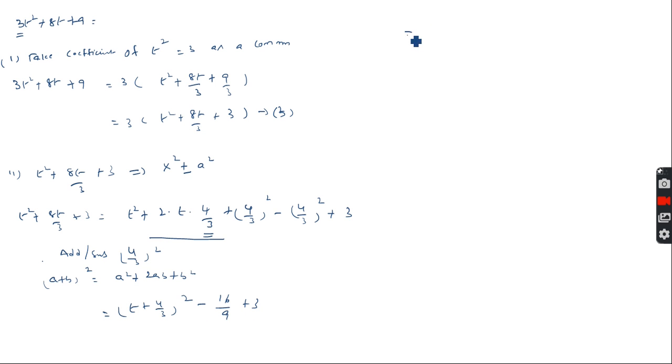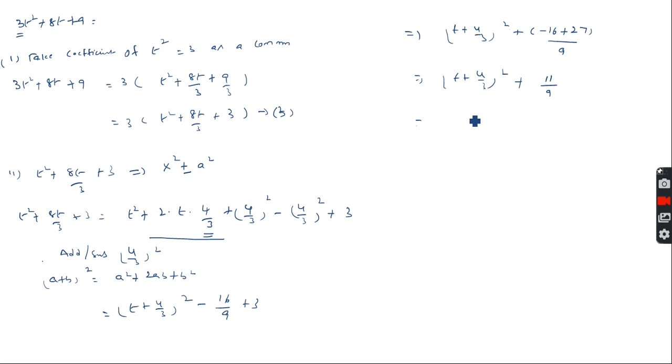So we get t plus 4 by 3 whole square plus, minus 16 plus 27 divided by 9, that is t plus 4 by 3 whole square plus 11 by 9.